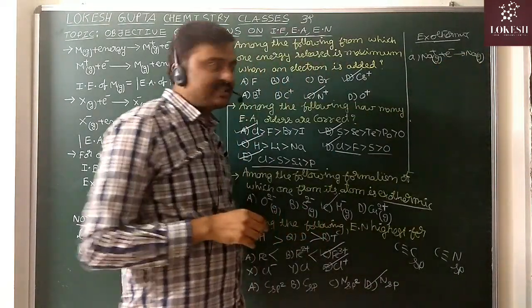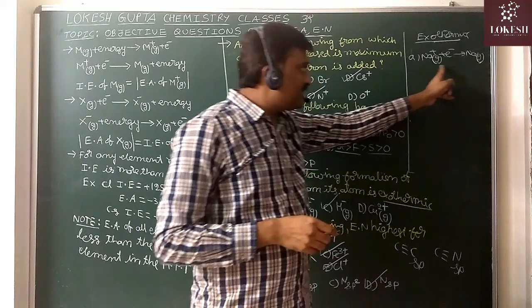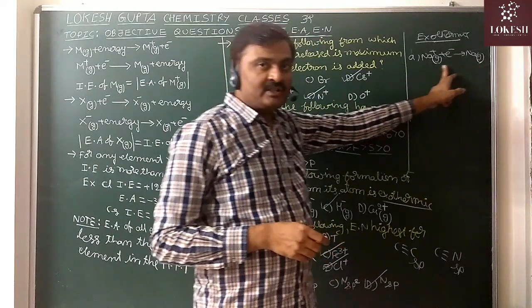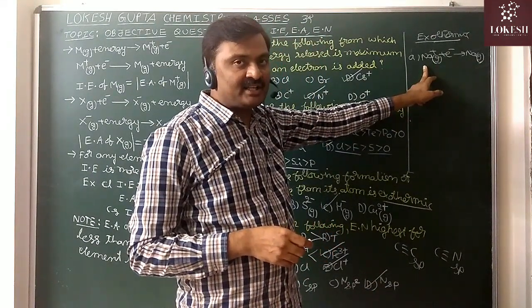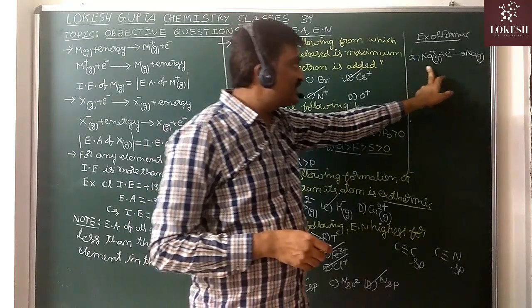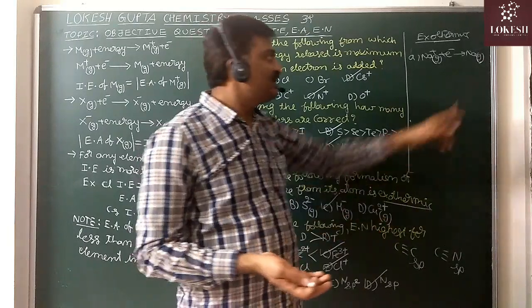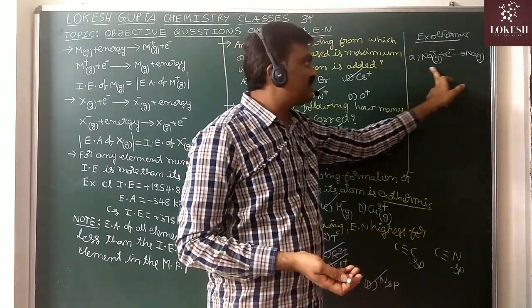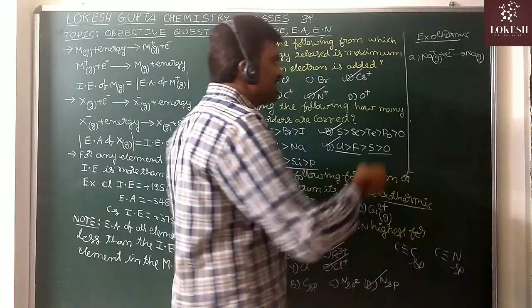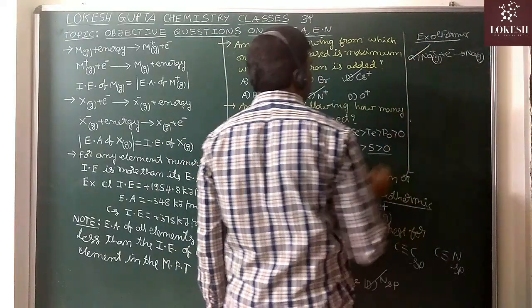Is it exothermic? See, the reverse one is ionization of sodium. The reverse process, ionization, is endothermic. So for an endothermic process, the reverse one is exothermic. That's why this is exothermic. So it is exothermic only.